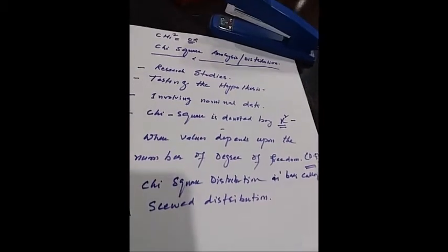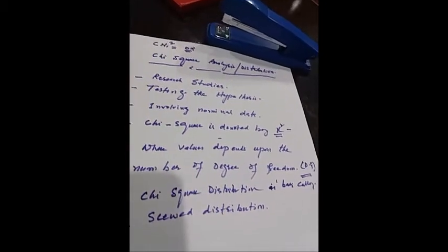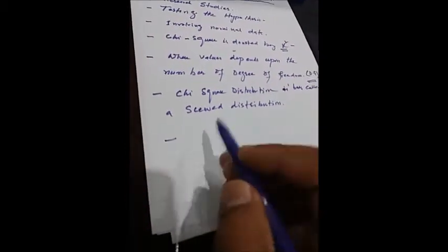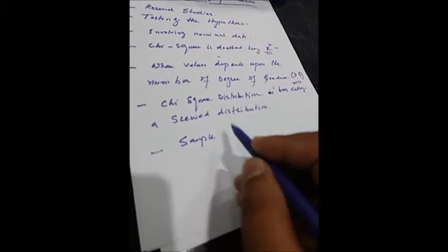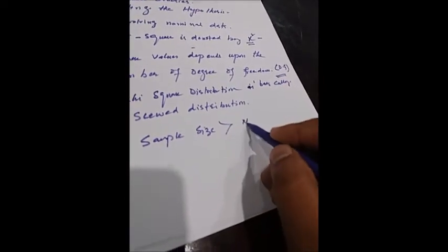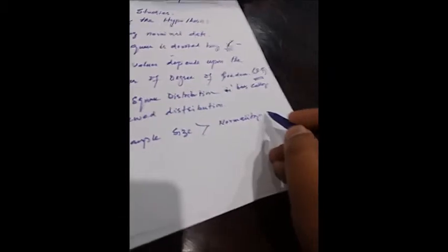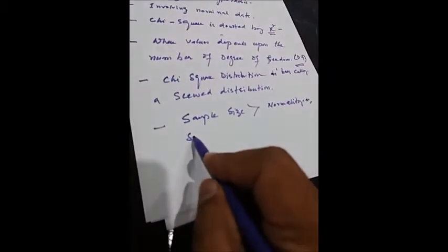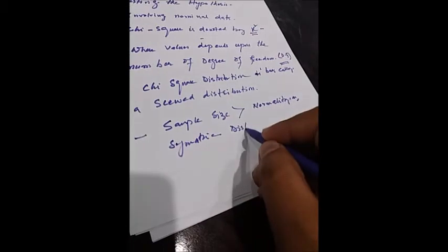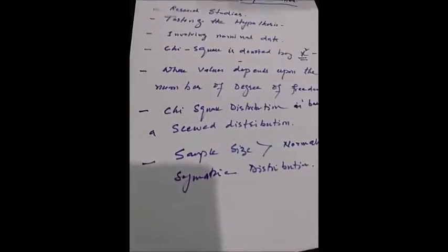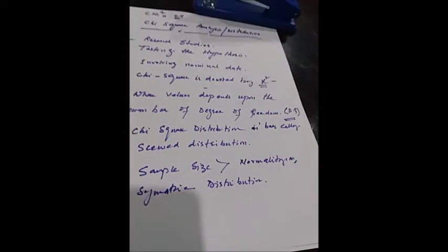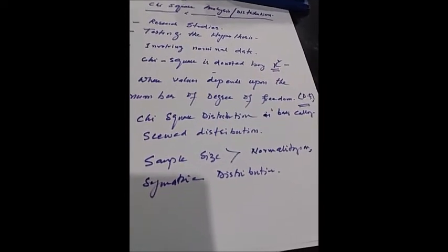As the sample size increases, the chi-square distribution will approach normality, or we can say it will be a symmetric distribution.